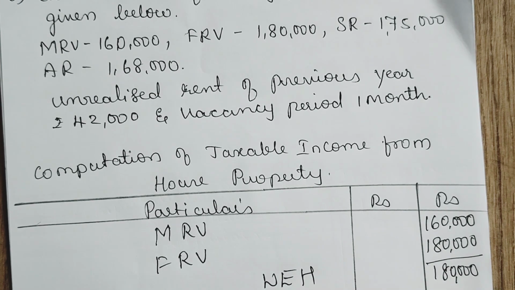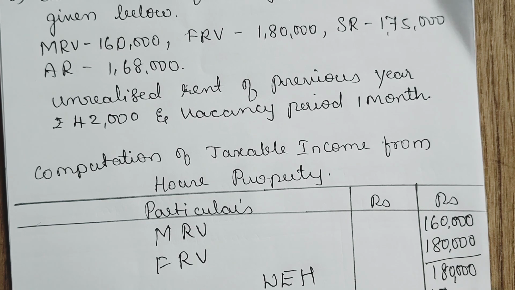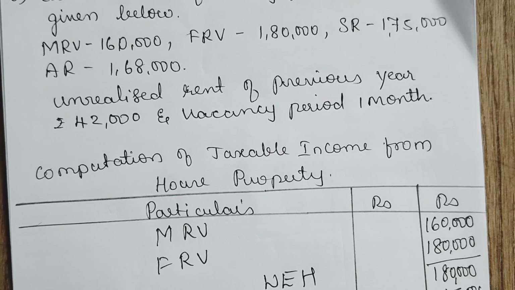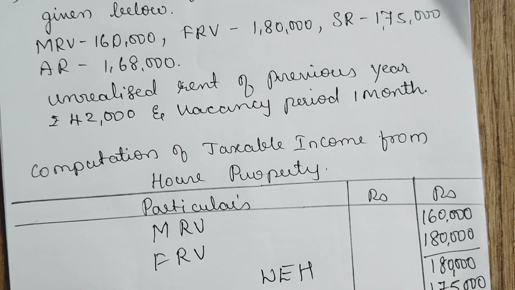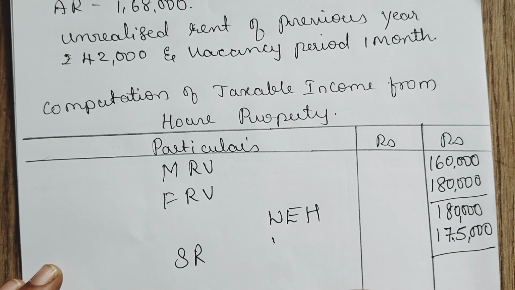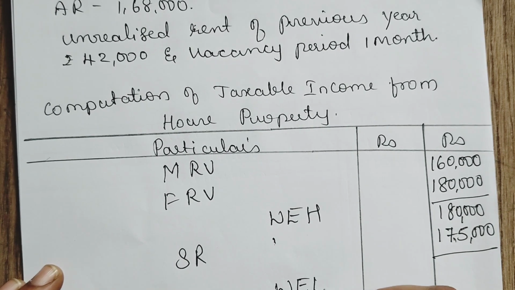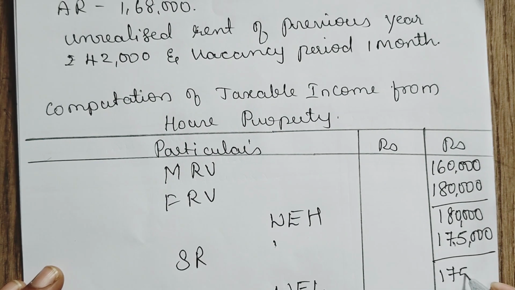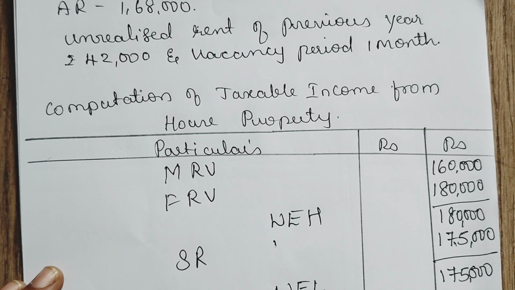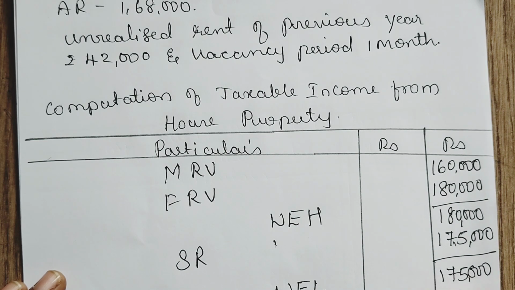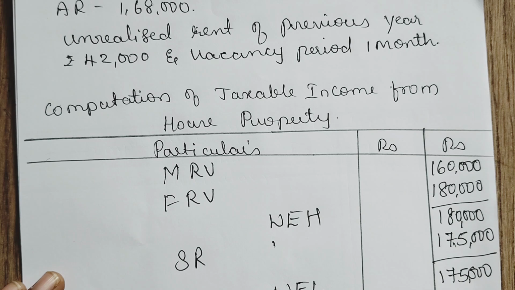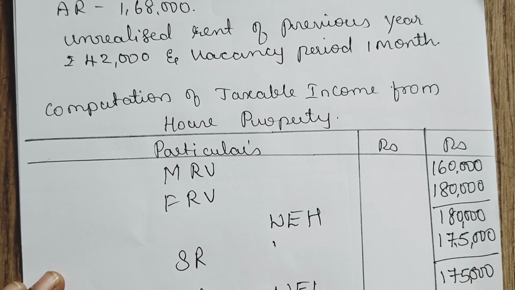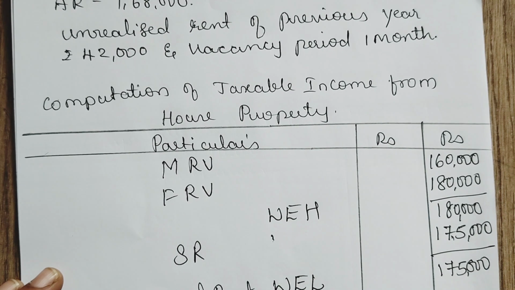Then we are comparing standard rent. Standard rent is 1,75,000. Now comparing these two, whichever is lower will be considered. Which is the lower one? 1,75,000. This will be your expected rent. It is also called expected rent.